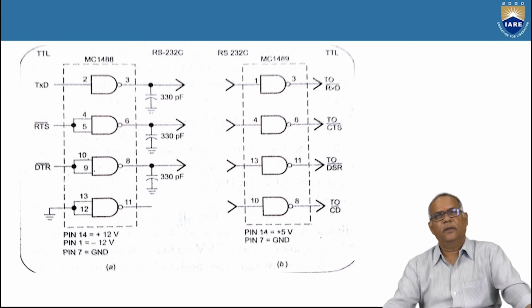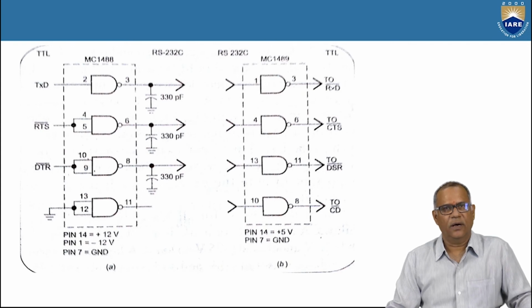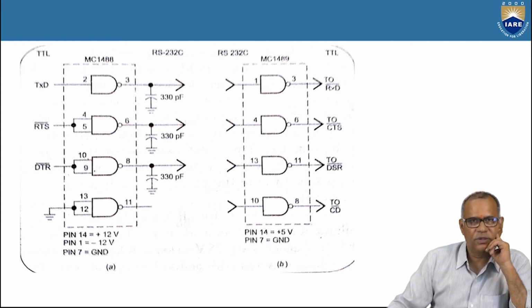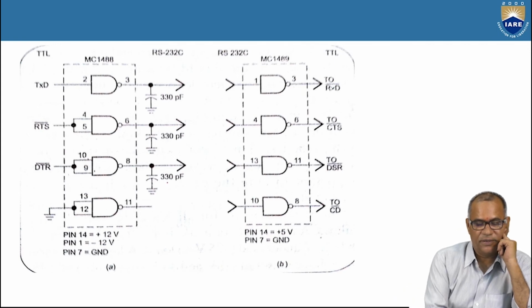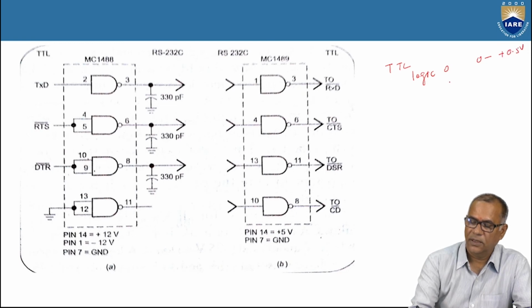And when the data has to be transmitted over long distances, then RS-232 logic levels are used. For RS-232 transmission, you see here, this is the TXD. Normal TTL logic 0 is 0 to 0.5 volts, and logic 1 is 2.5 to 5 volts.